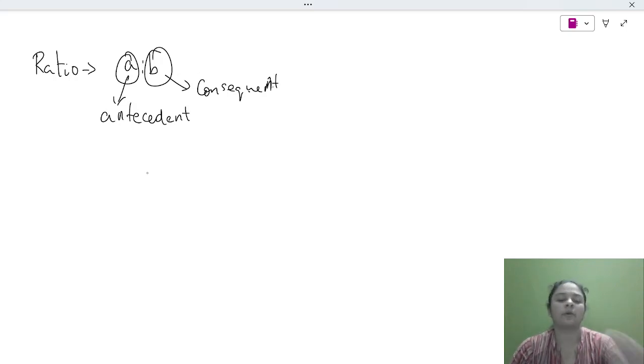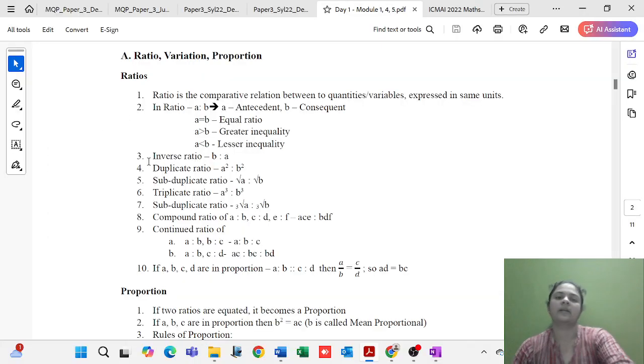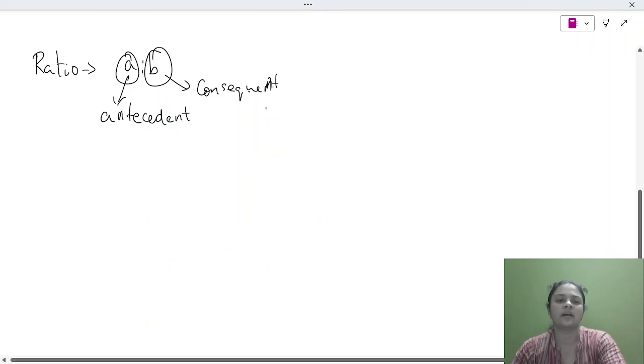Right? Now there are certain basic properties in ratios and basic rules that we need to remember. Let's quickly get into that. Point number 1, ratio is the comparative relationship between 2 quantities and variables expressed in the same units. Now in a ratio, the first part is called the antecedent and the second part is called the consequent. Now when you look at the ratio, generally we can express this as a ratio like this, or numerator by denominator.